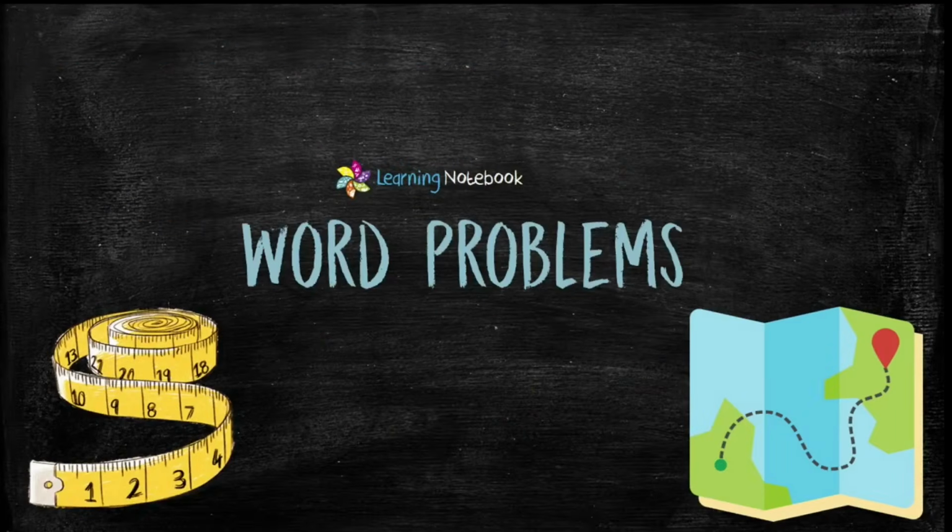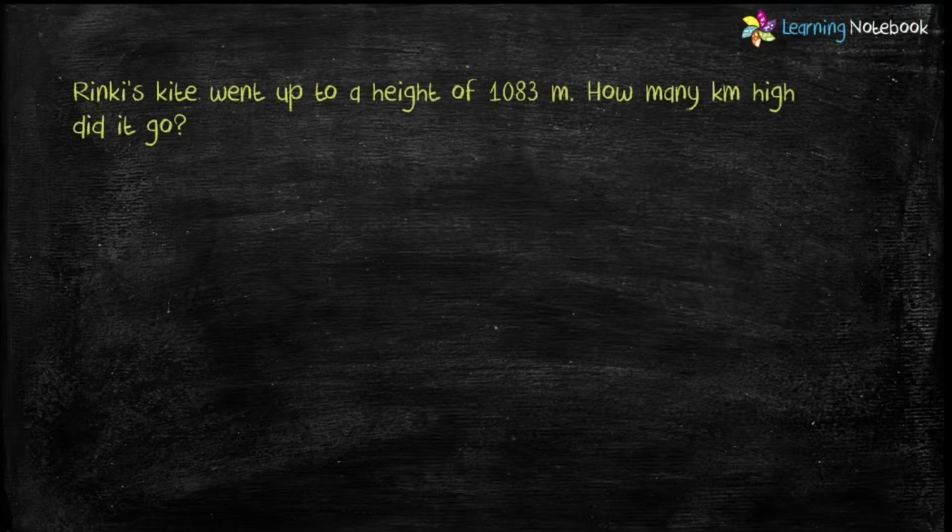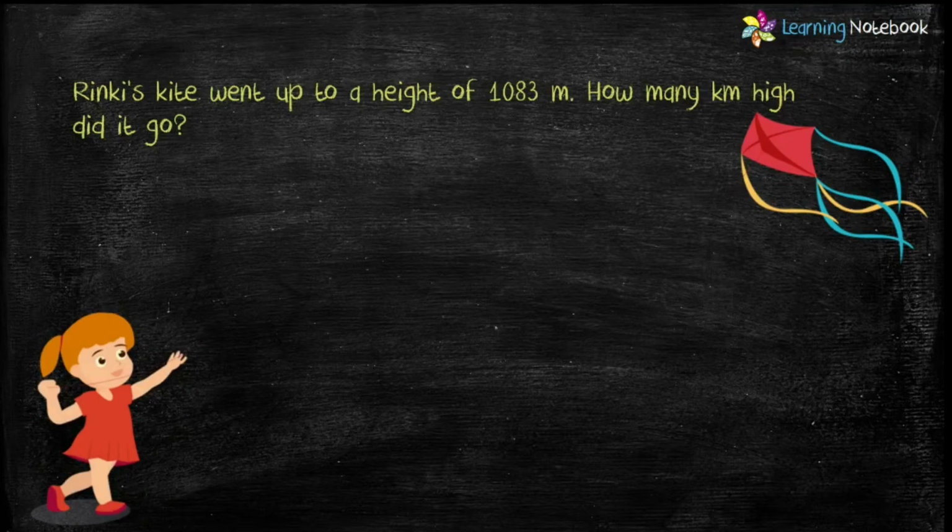Now students, let's do few word problems based on conversion of length unit. First question is, Rinky's kite went up to a height of 1083 meter. How many kilometer high did the kite go? In this question, we have to convert meter into kilometer. So it means we have to divide by 1000.